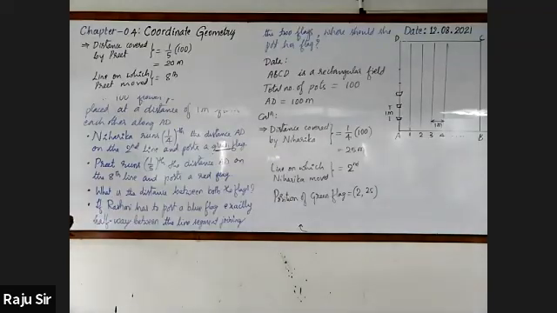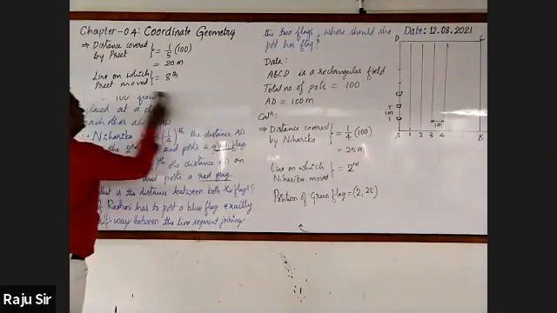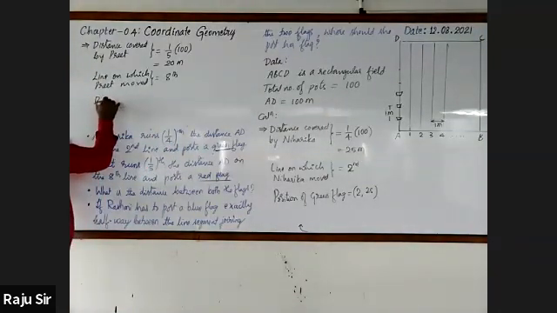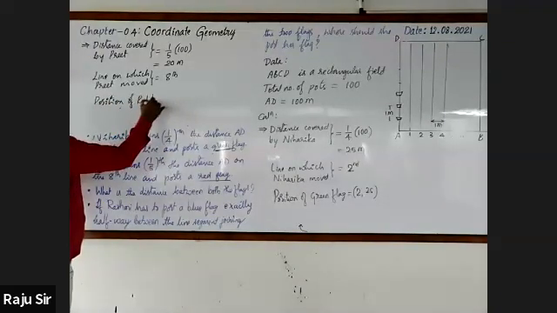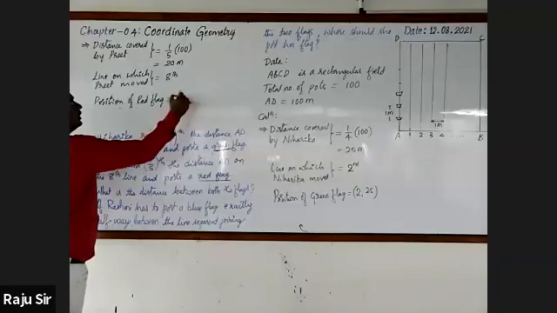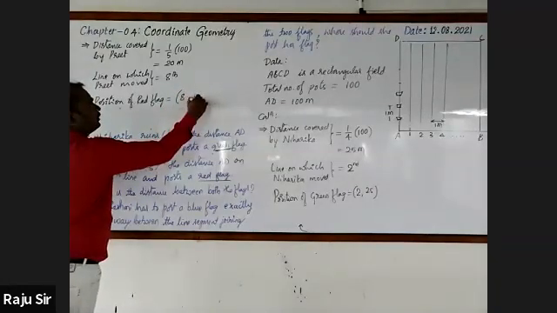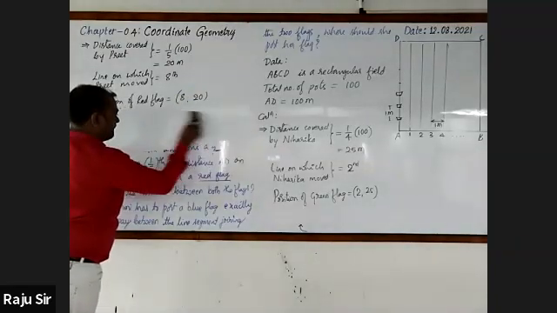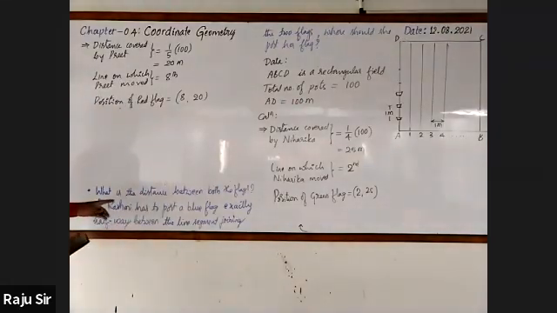Then which color flag has he posted? Red color. So we have to write position of red flag, 8, 20. Do you know what the distance between the two flags is?